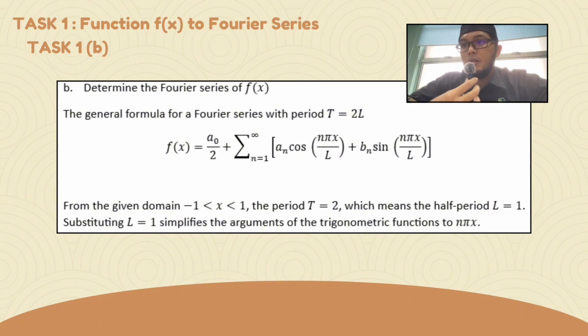Based on the equation, we are given the domain from negative 1 to 1, so the period is 2, which means the half period is 2 divided by 2, so we get L equal to 1. Substituting L equal to 1 into this equation, we can simplify the argument.